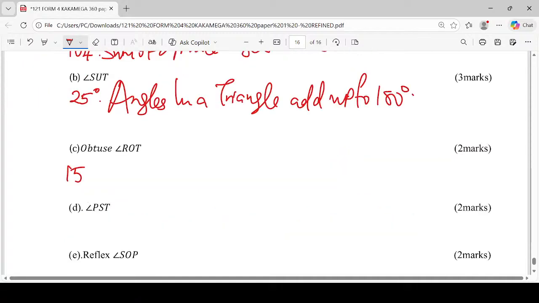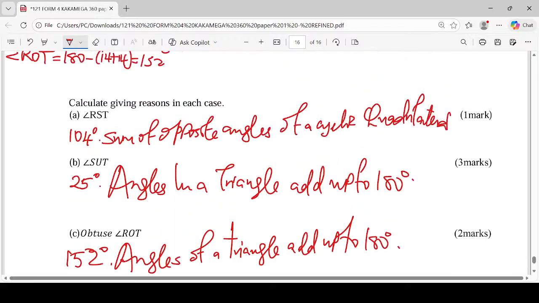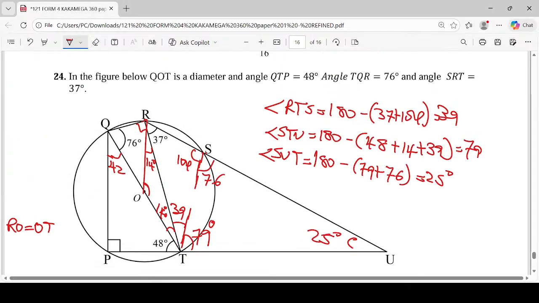The reason is angles of a triangle add up to 180 degrees.